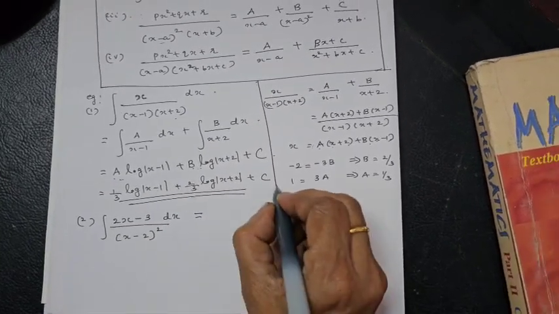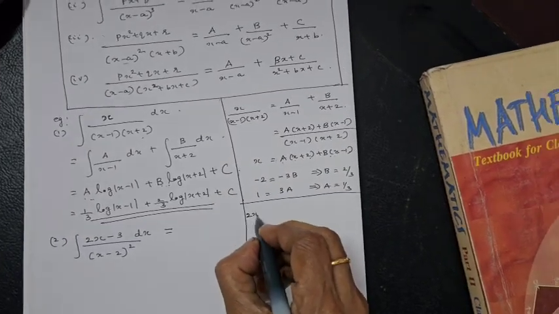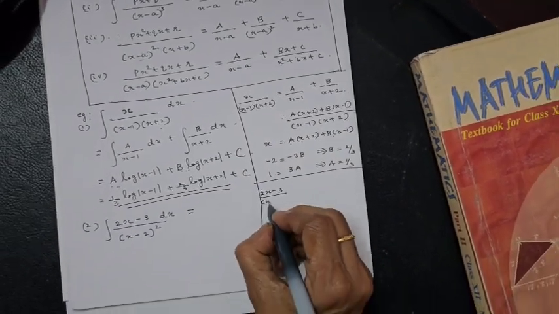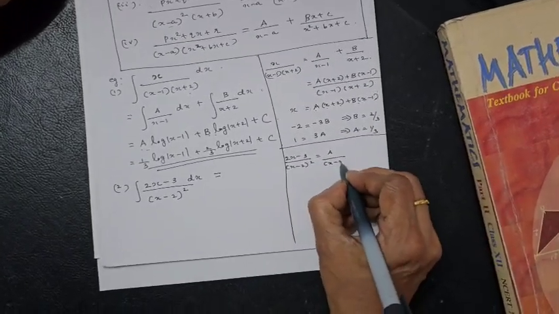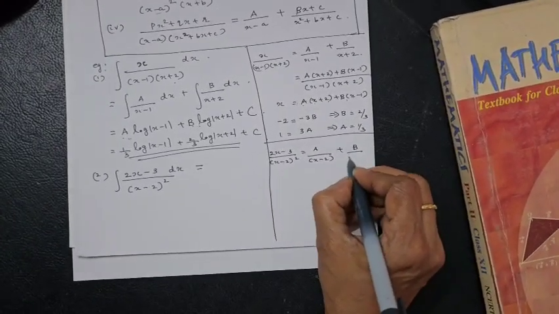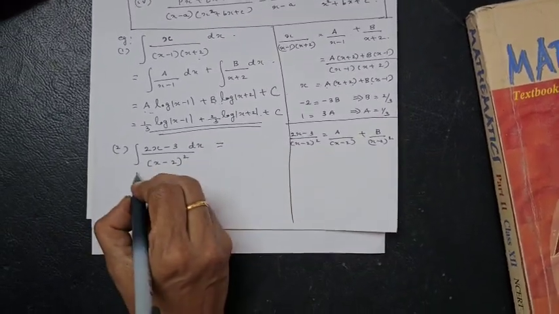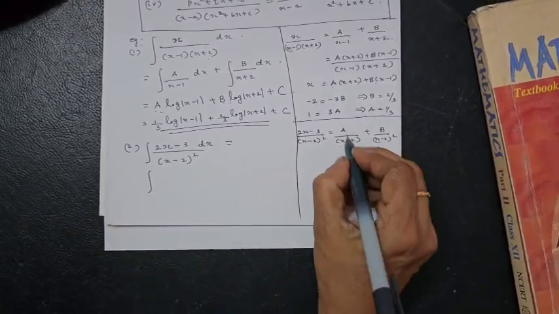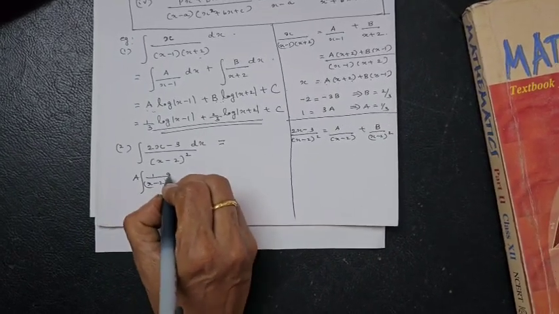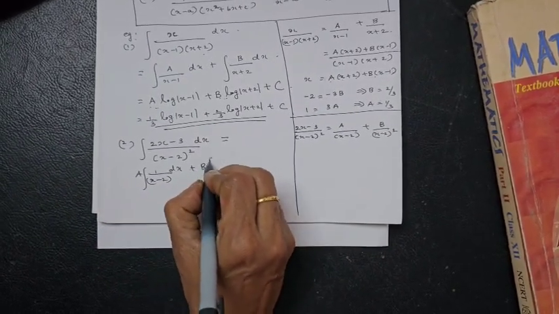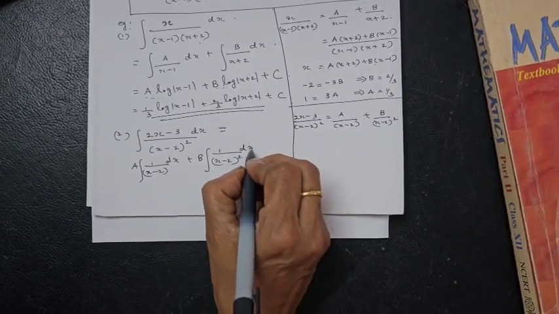We will put it into partial fractions. 2x minus 3 by x minus 2 whole square is equal to a by x minus 2 plus b by x minus 2 whole square. Okay, so this is the same as integral a by x minus 2, a will be taken outside, 1 by x minus 2 dx plus b into integral 1 by x minus 2 whole square dx.